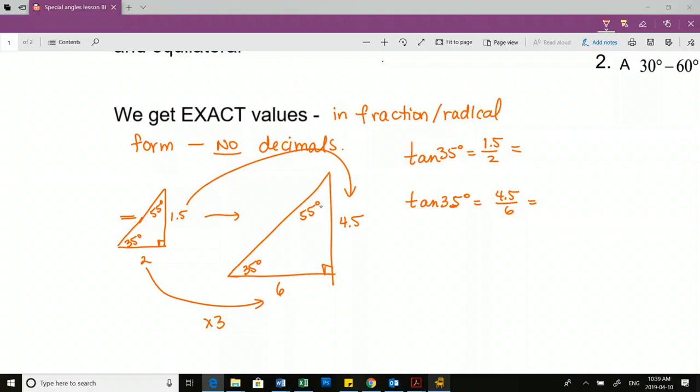I'm not saying tan 35, but 1.5 over 2 and 4.5 over 6. Kylie's? Yeah, or 0.75. So you notice, guys, no matter which side measurements I have here, every tan of 35 is going to give me that same ratio in that particular triangle.